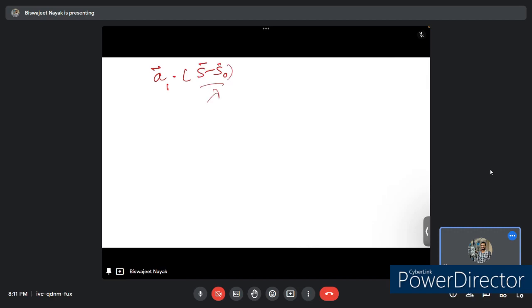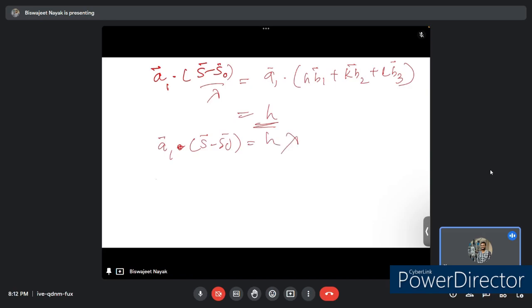So how? Let's say we dot a1 with this, then a1 dot (H b1, K b2, L b3), I am only getting H. Similarly for the other, a2 and a3.